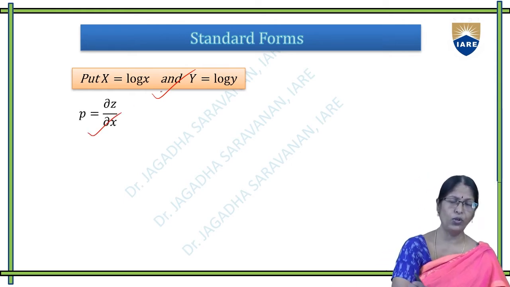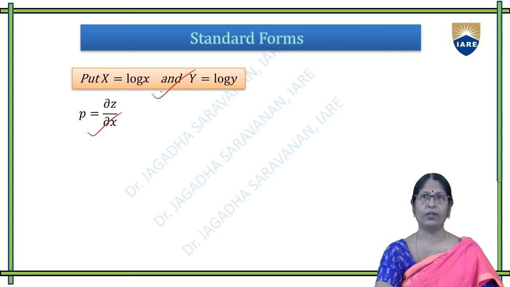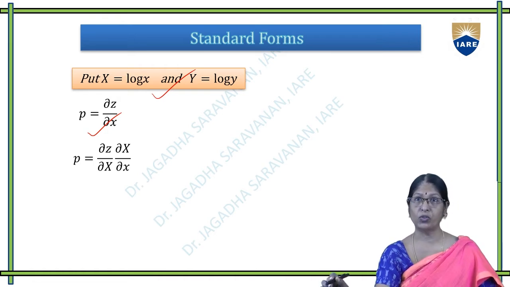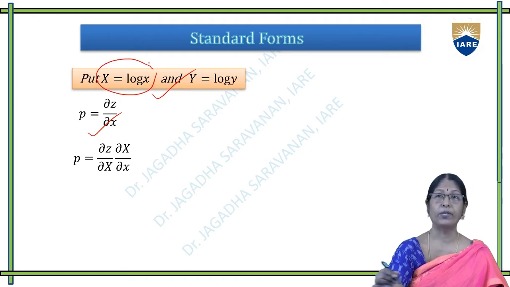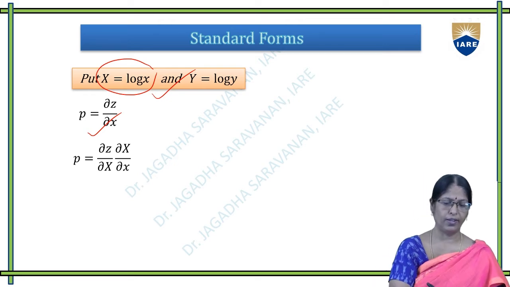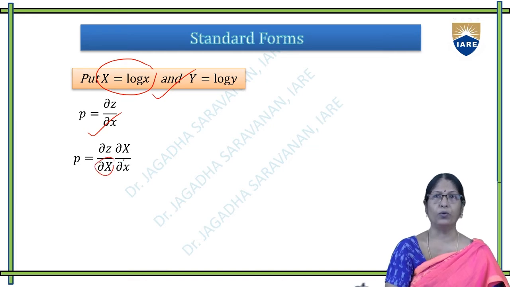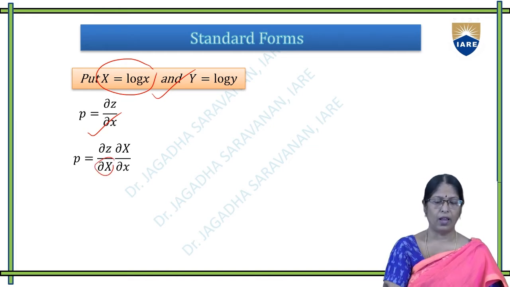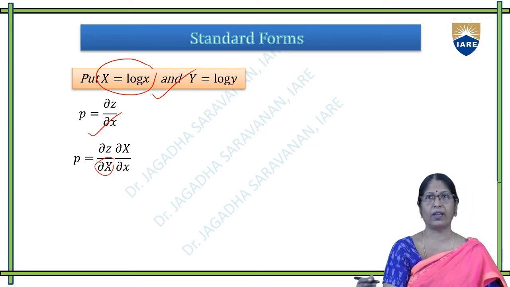Now we know the notation: small p is dou z by dou x. Small p, just now we assumed capital X equal to log x. This connectivity we have to give, that is dou z by dou capital X, and we check whether the connectivity is correct or not.